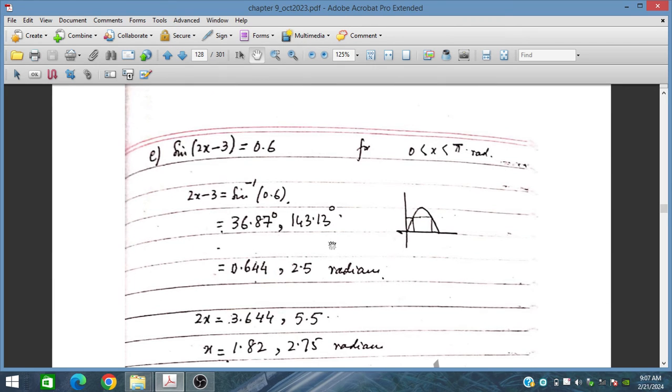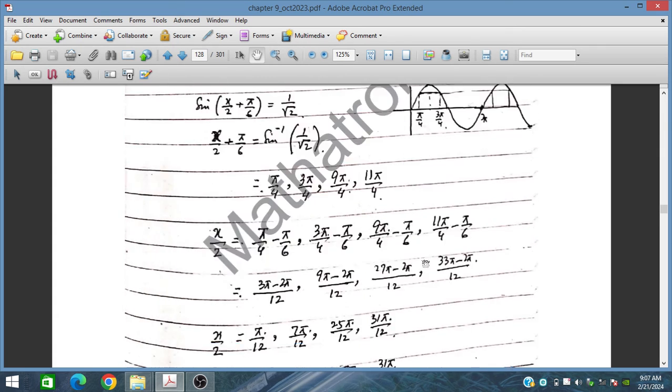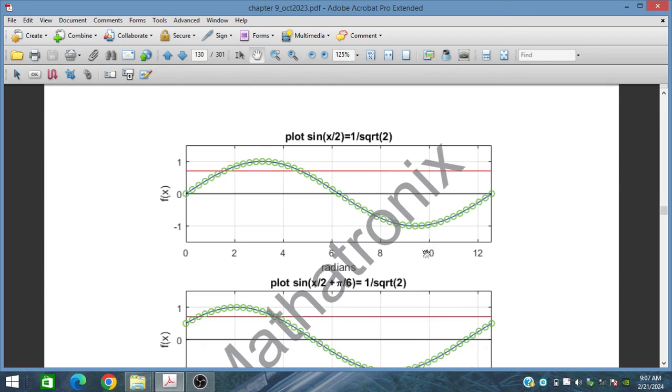Similarly, for this E part, for 0 to pi radians, this is positive in the first and second quadrant, and this is in terms of degrees, and we can also obtain it in terms of radians from the calculator as well. So this is the value, and from this we add 3. We shift 3 to the other side, so add 3. So 2x is this one and x is this. Similarly, the other parts. So we have already plotted these values here.